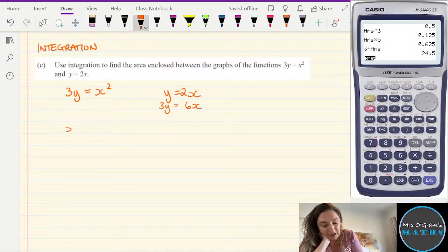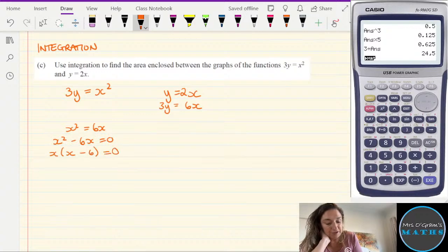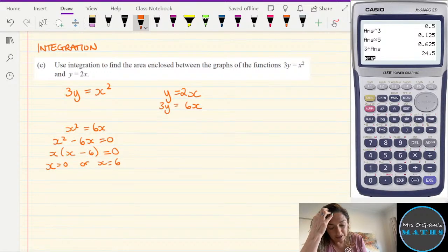So then I can say x squared is equal to 6x and solve this. So x minus 6. And remember, we always need to factorize to do these sorts of solving so that we don't lose any solutions. So x is 0 or x is 6. So we're going to be integrating between 0 and 6. That's where those two curves cross over.